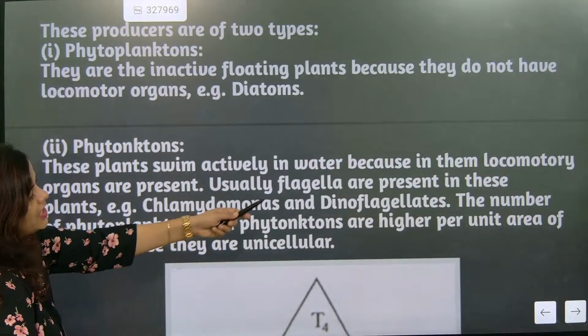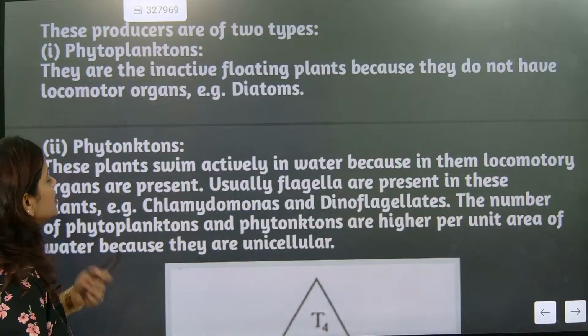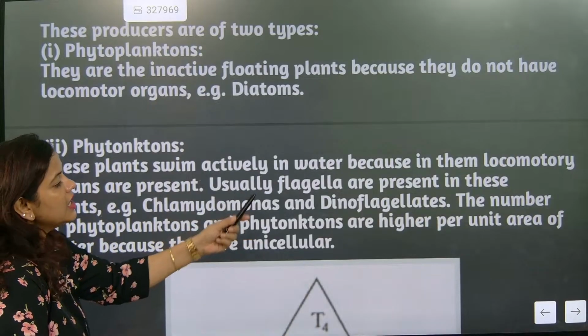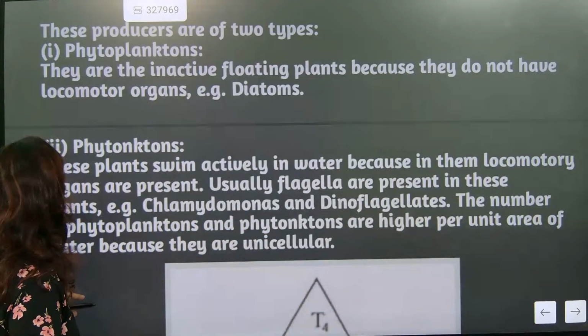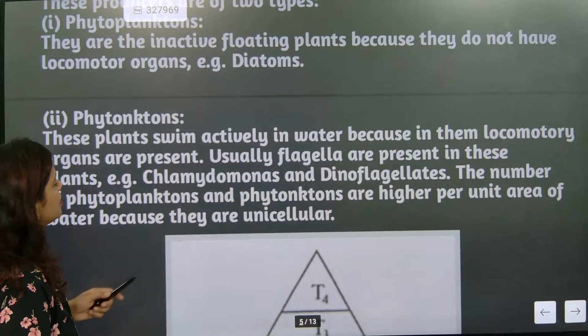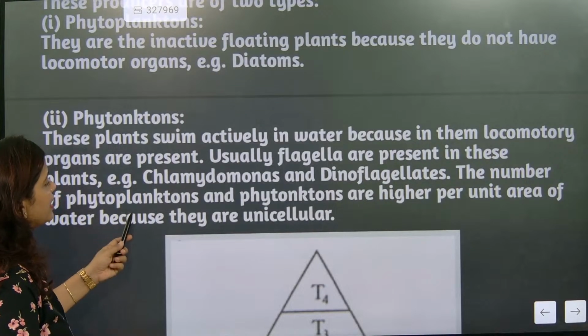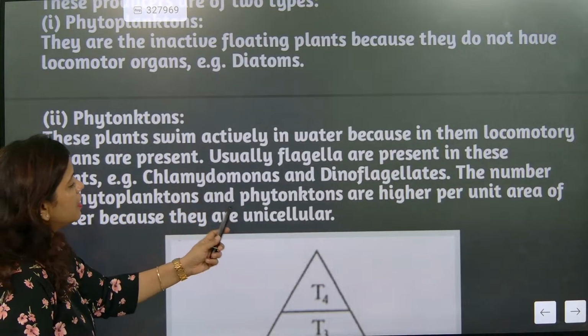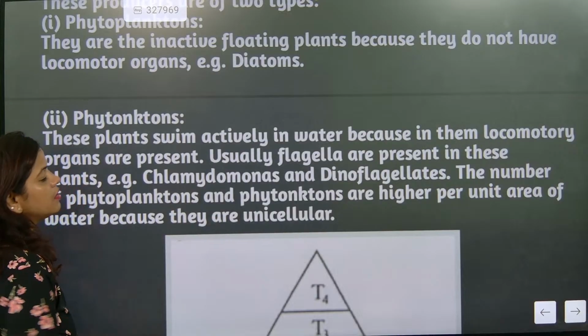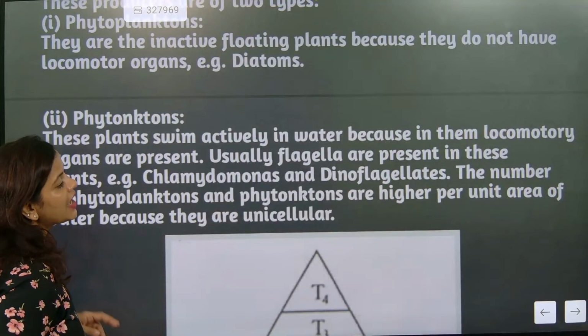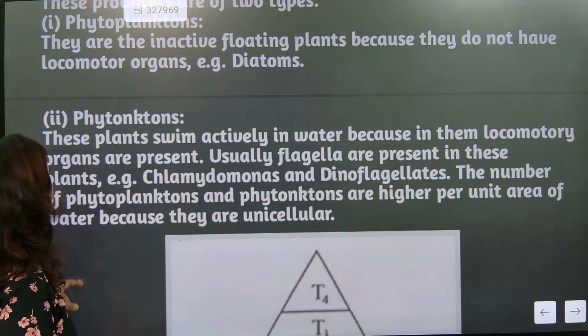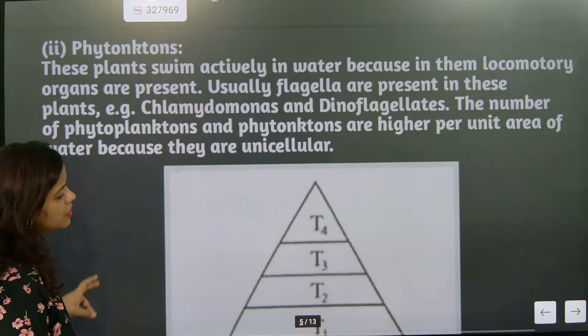Examples are chlamydomonas and dinoflagellates. The number of these organisms is higher per unit area of water because they are unicellular organisms.